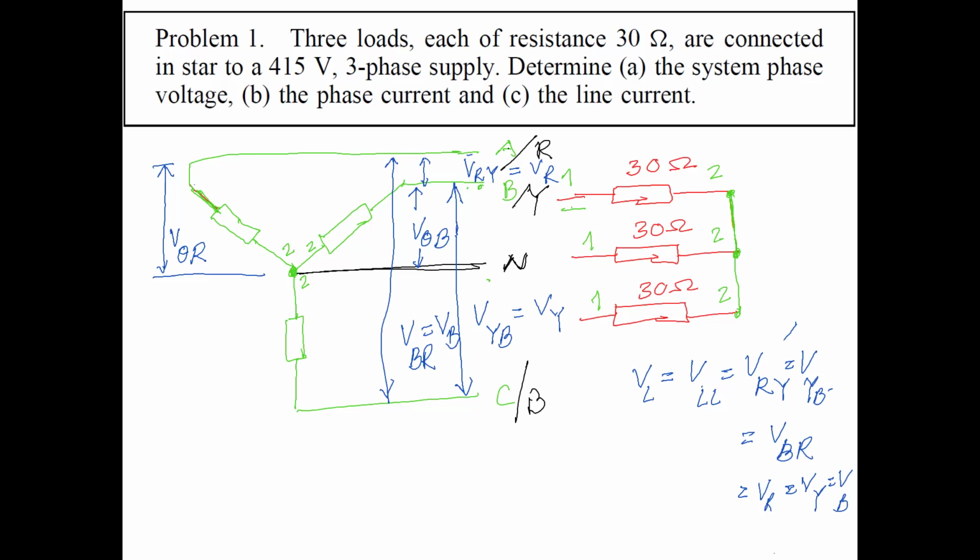That one of the lines is mentioned by B, and theta indicates it is the phase quantity. That means one terminal of my multimeter goes on the line, and the other terminal I place on the neutral.